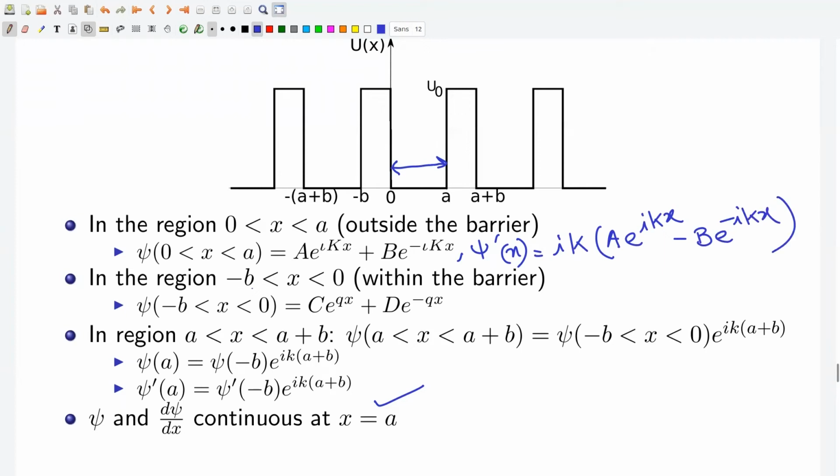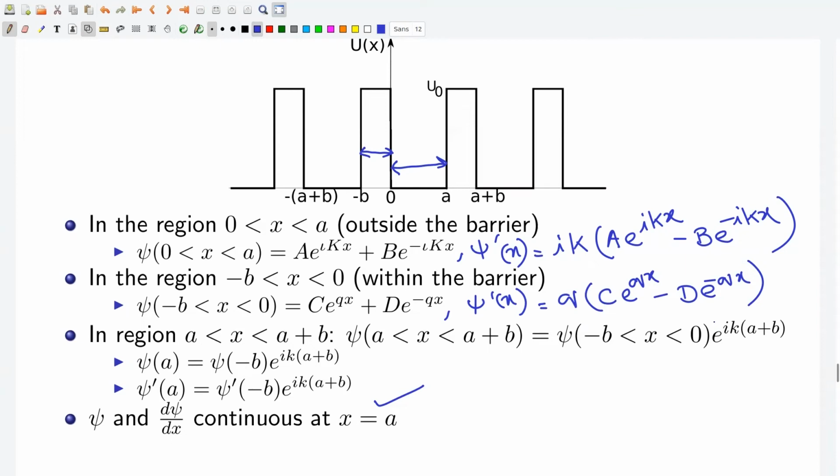In the region x between minus b and 0, the wave function is C e power qx plus D e power minus qx, and its first derivative is q times C e power qx minus D e power minus qx.